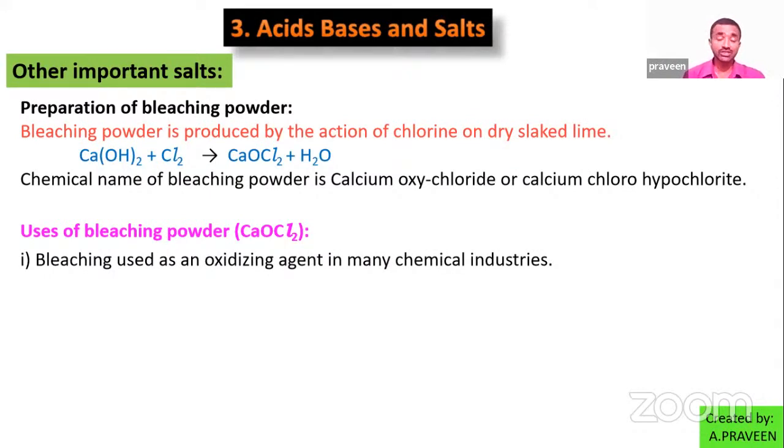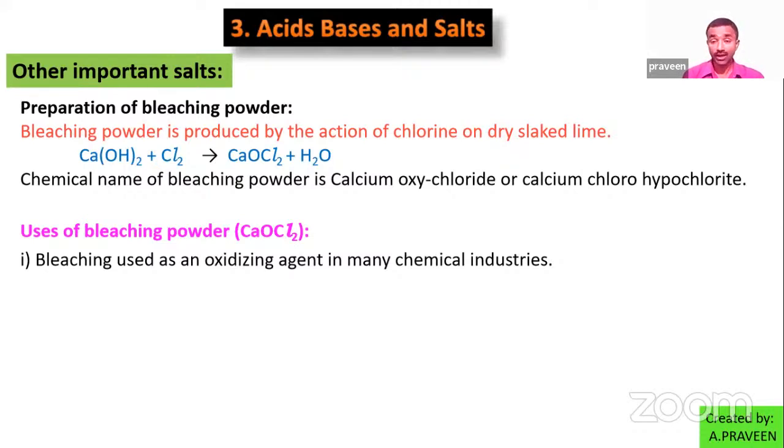That substance is called an oxidizing agent. This bleaching powder is used as an oxidizing agent in many chemical reactions. Also, it is used as a decolorizing agent to remove the color of other substances.